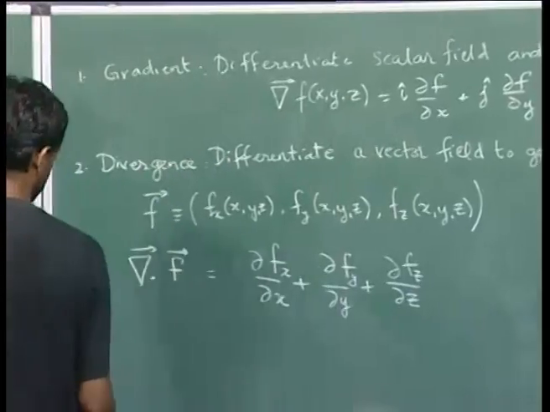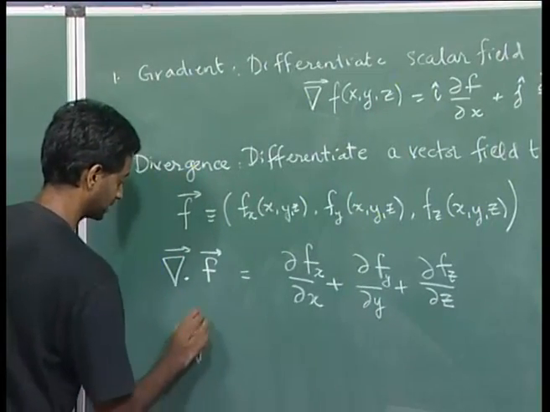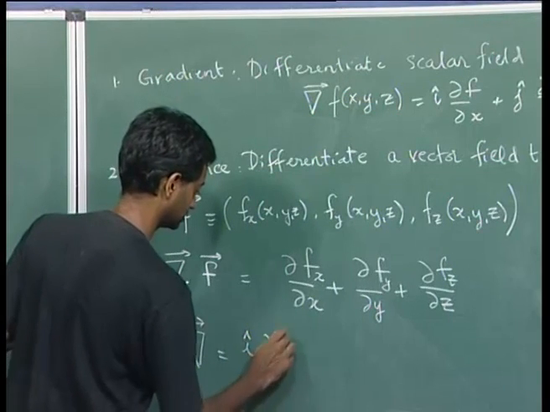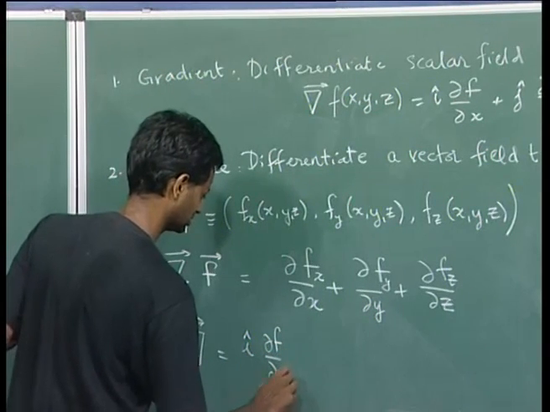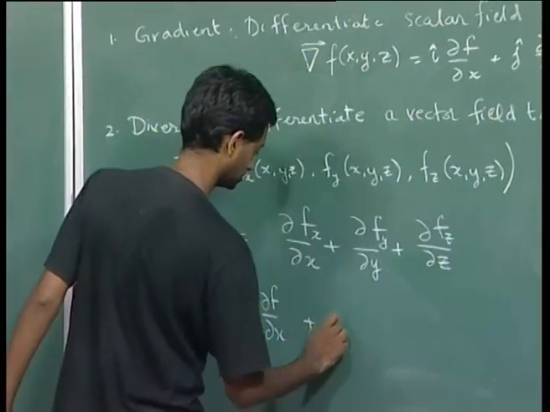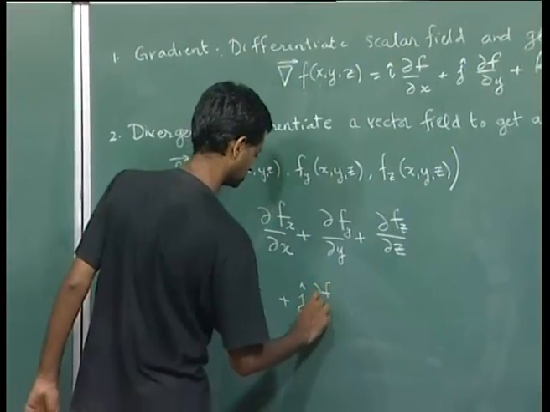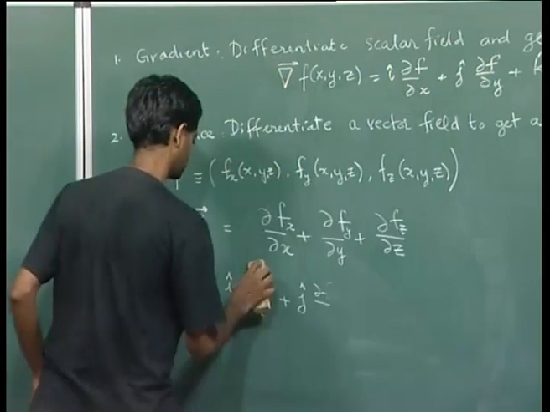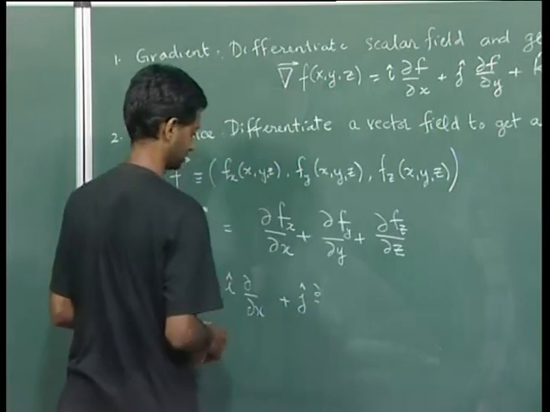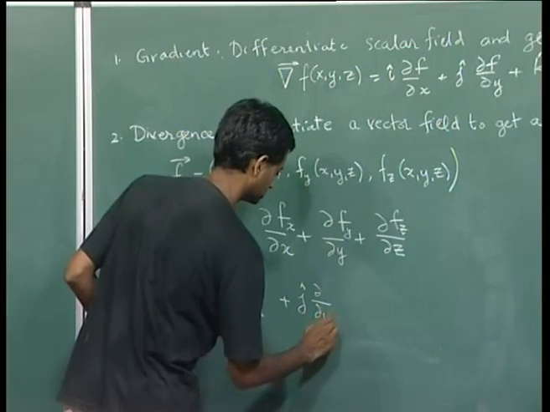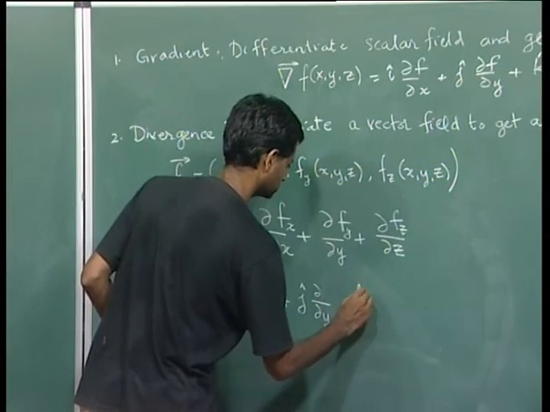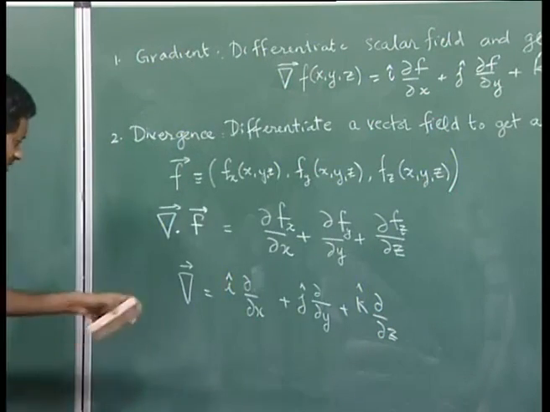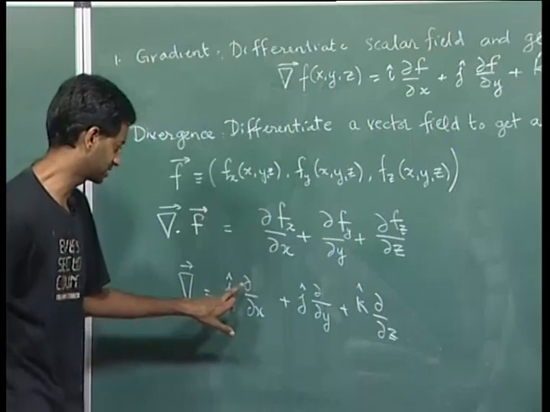So in other words, you can think of this gradient operator as an operator that looks like a vector with 3 components.